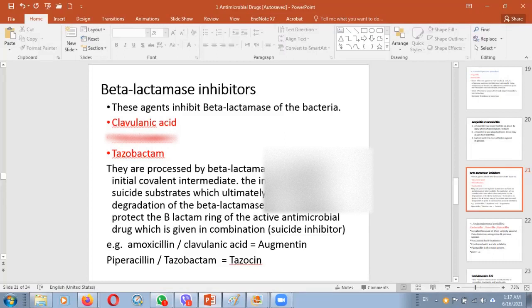It is a kind of suicide inhibition, sacrificing itself to save the original drug. An example is amoxicillin with clavulanic acid, called Augmentin. Augmentin, which is in the pharmacies, contains clavulanic acid, and in this way it is more powerful than usual amoxicillin. A second example is piperacillin in combination with tazobactam to form Tazocin, with the same mechanism.